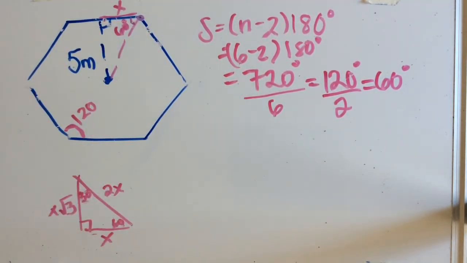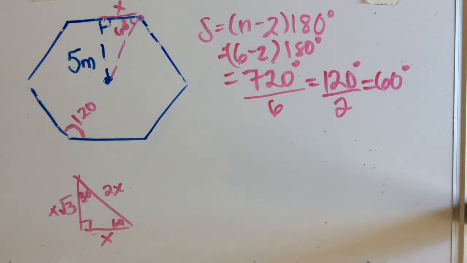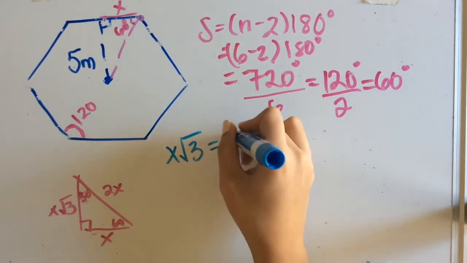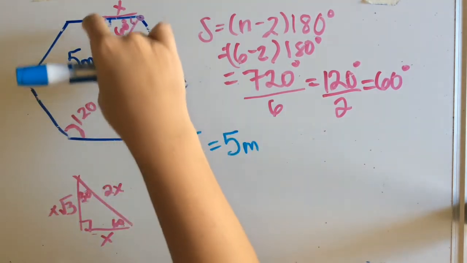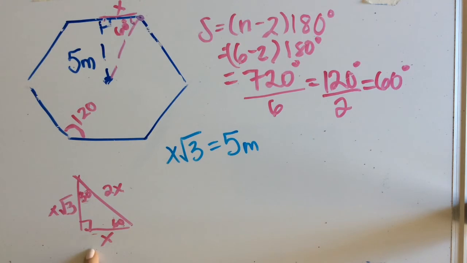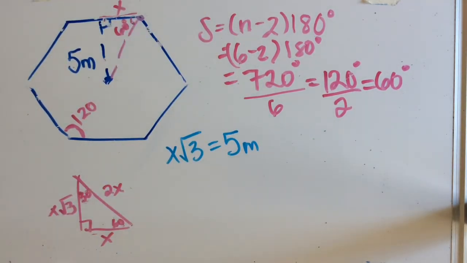I'm going to write in a different marker so we can differentiate what we're talking about. So x times the square root of 3 is equal to 5 meters. That's that pattern. Now x is in my equation, so I can solve for x and find the length of that short side.